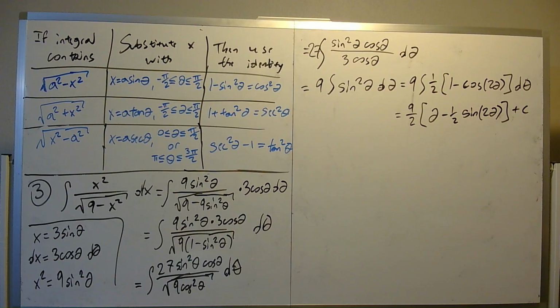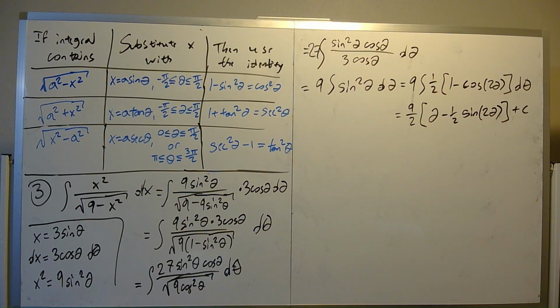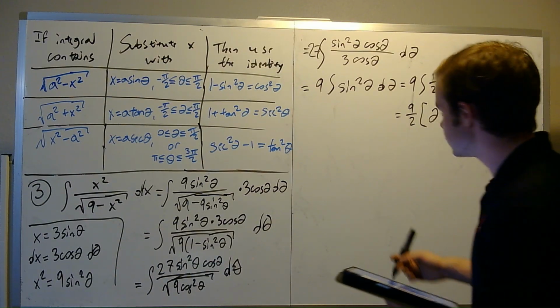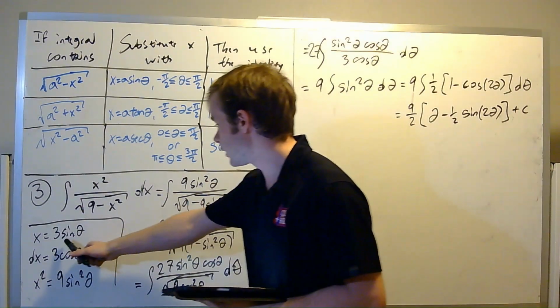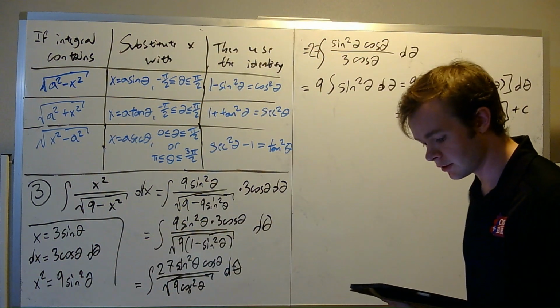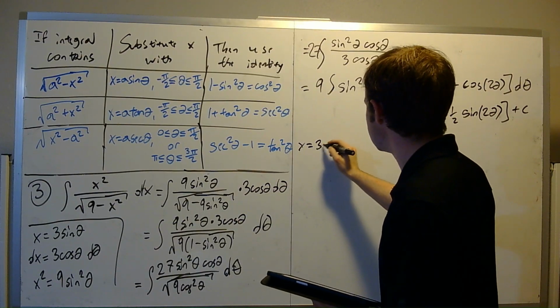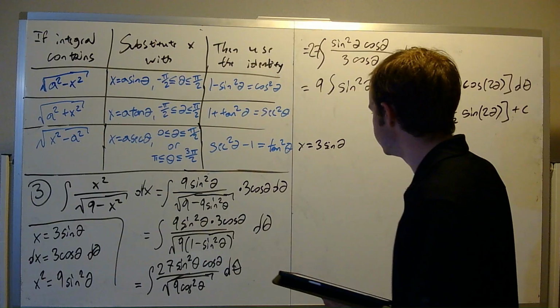But here we're going to need to figure out exactly what these things are equal to, right? So we need to figure out what theta is, and we need to figure out what sine of 2 theta is. So first we want to look back and see, well, x is equal to 3 sine theta. So I'll say here x equals 3 sine theta.